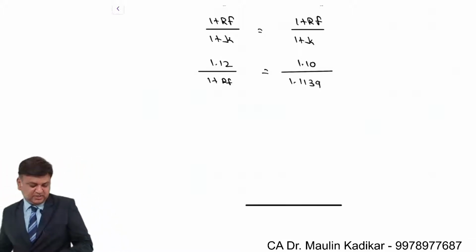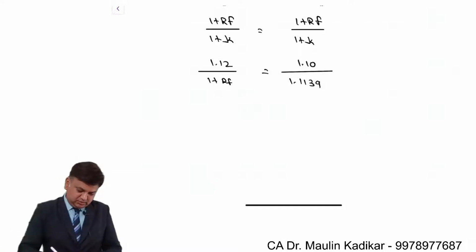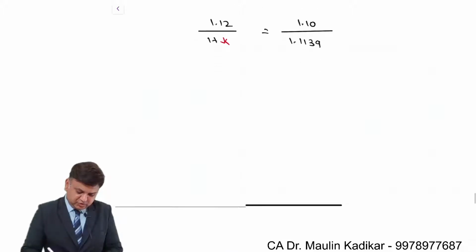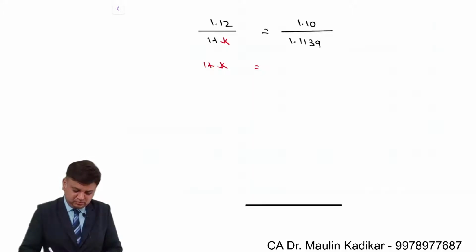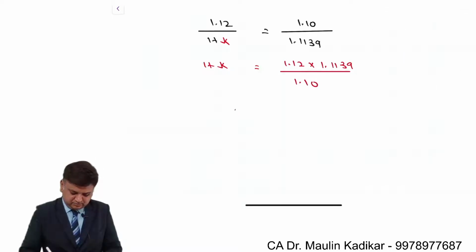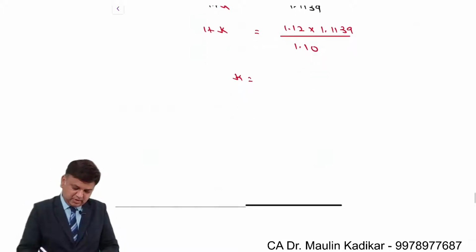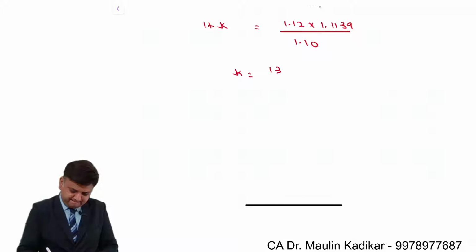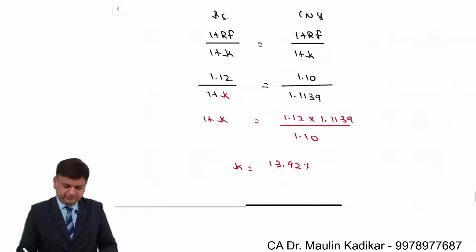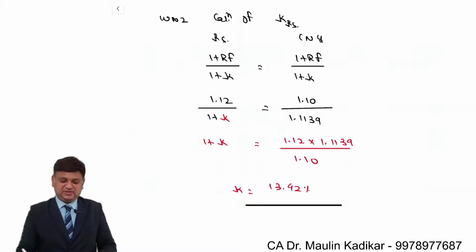Sorry, that is 1 plus K. So now 1 plus K is equal to 1.12 into 1.1139 divided by 1.10. So 13.42. That is the discounting rate for rupee currency.